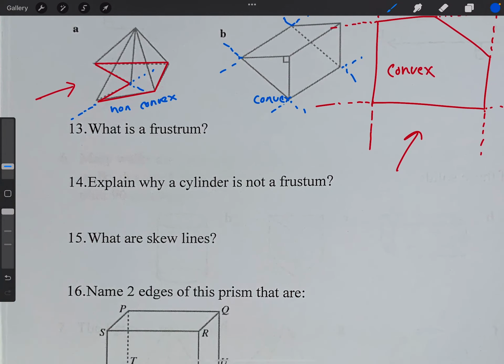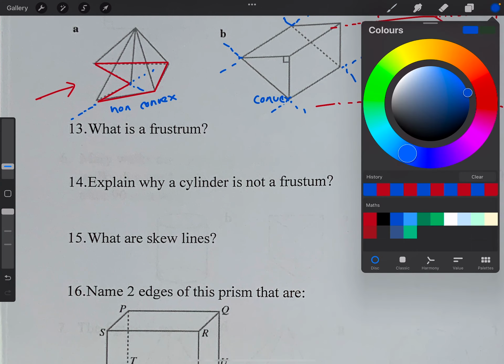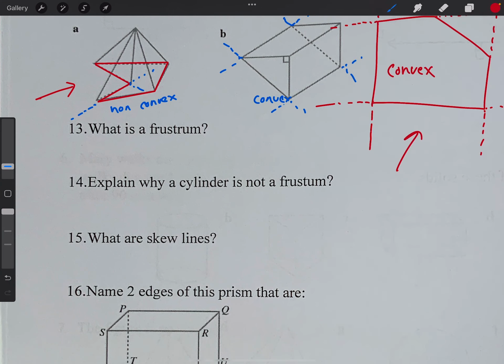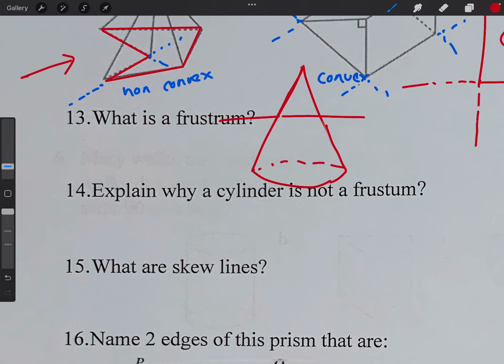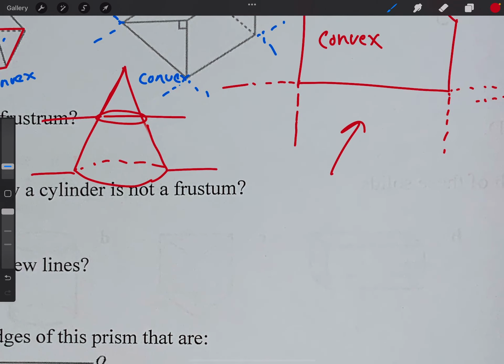Question 13. What is a frustum? Now, a frustum is if you have, let's say, a cone. And let's say I cut this cone parallel to the base of the cone. So it looks like this. So now I cut this part off, it's gone.